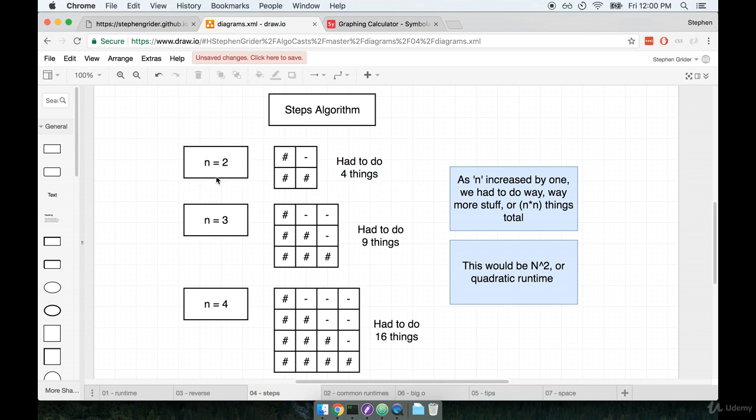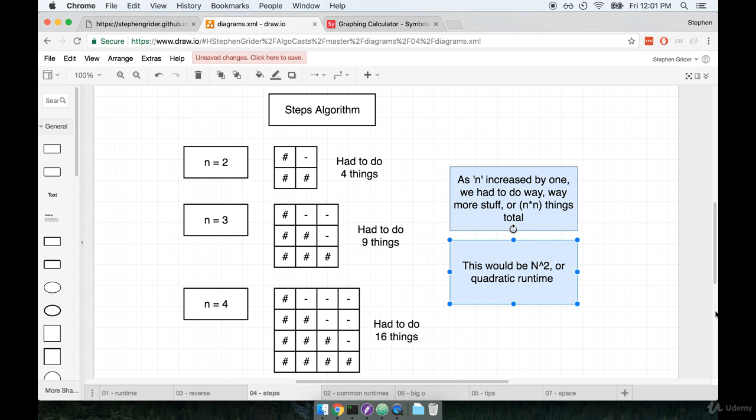The number of things that we had to do was n squared, or essentially n times n things to execute our algorithm. When you have to do n times n things, we would refer to this as an n squared runtime complexity, or a quadratic runtime.